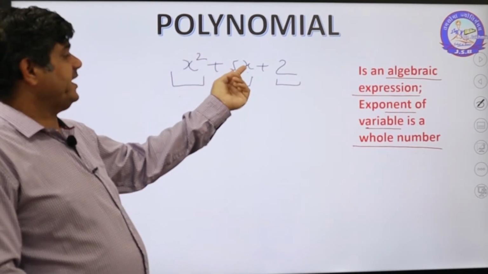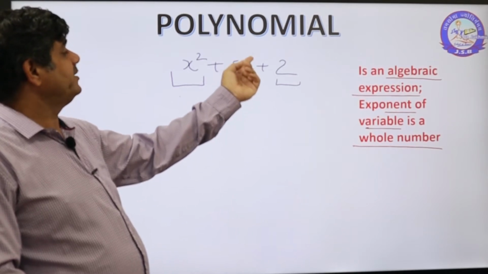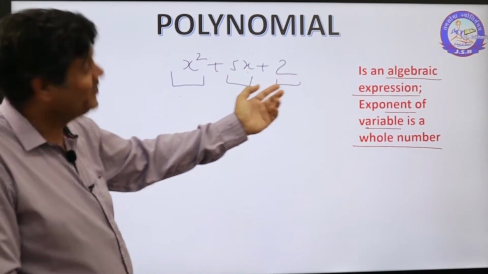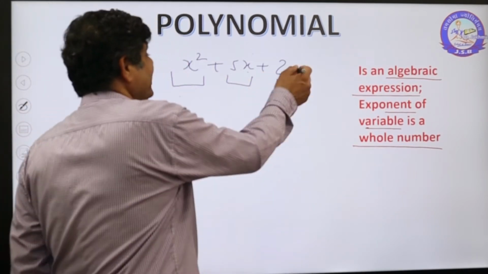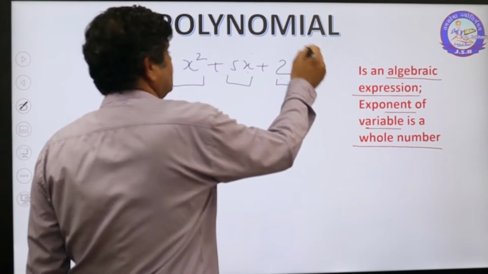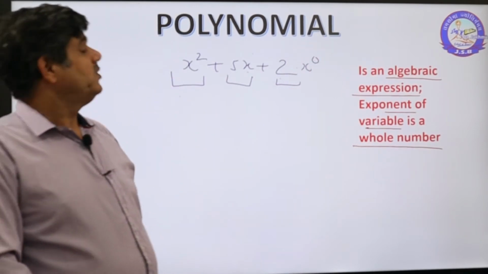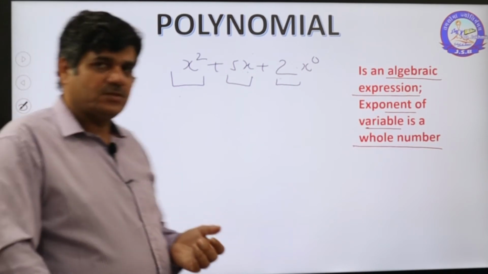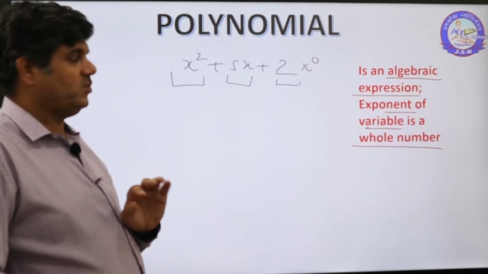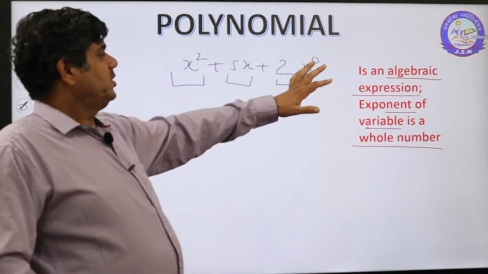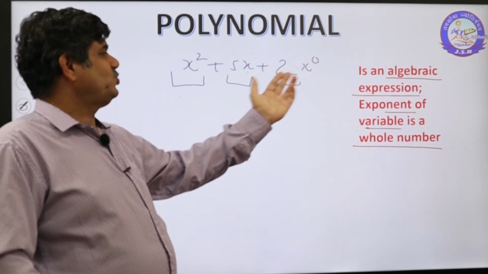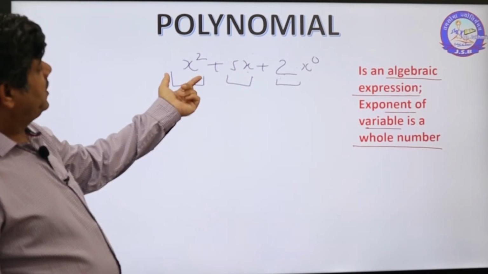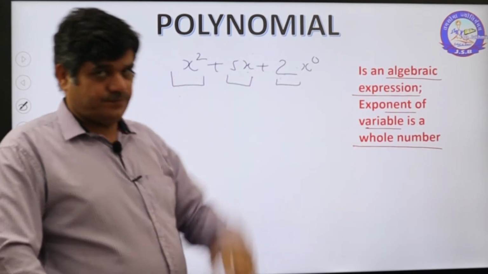Here the variable is x. Its exponent is 1. Here the variable is 2. No, the variable is not 2. 2 is a constant. I can write it as 2 times x to power 0, because in general language, anything to power 0 is 1, not absolutely correct in maths. So x to power 0 is 1, so I can write 2 times 1 is 2.